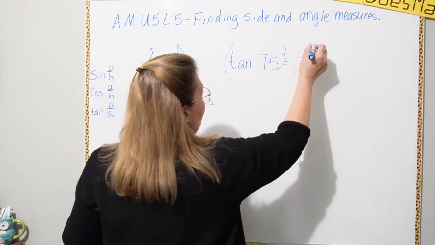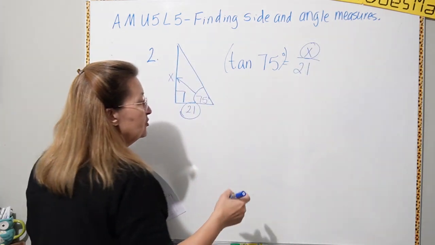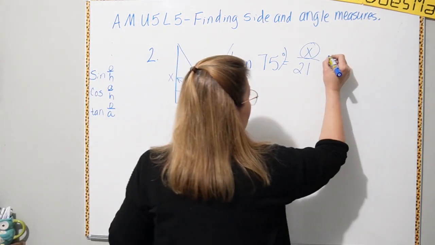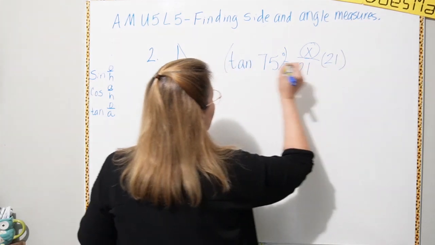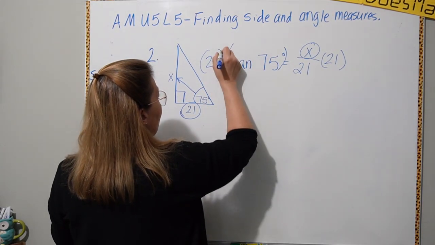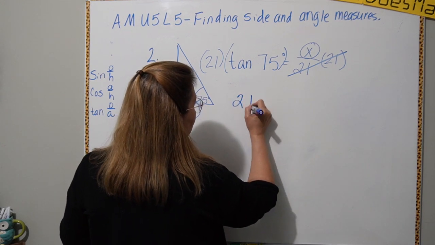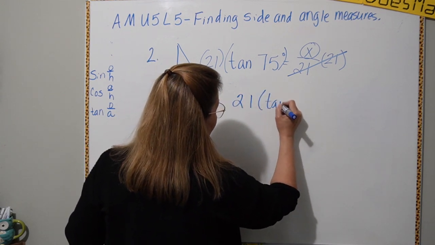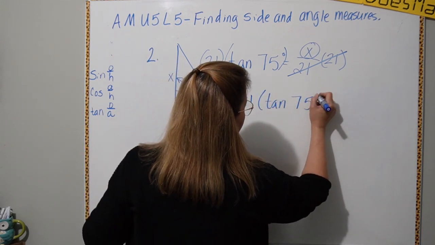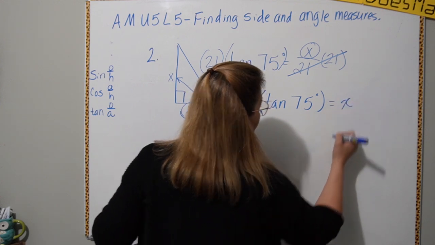All right, if I'm solving for x, I need to get rid of the 21. It's been divided by 21, so I'm going to multiply 21 on both sides. These cancel out, so now I have 21 times tangent 75 degrees is equal to x.